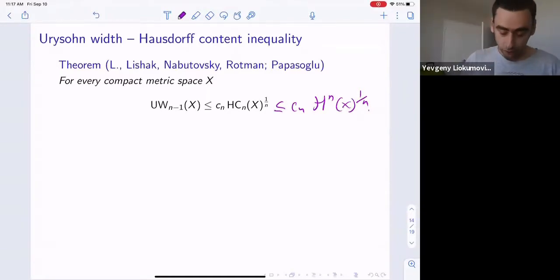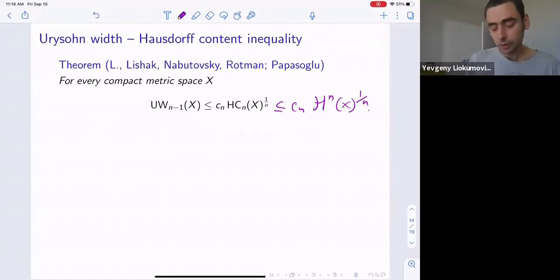So this result was in fact a conjecture of Larry Guth, who proved a similar bound where instead of a metric space X, you have a manifold, and instead of the Hausdorff content, you have volume. And motivation for this came from systolic geometry.